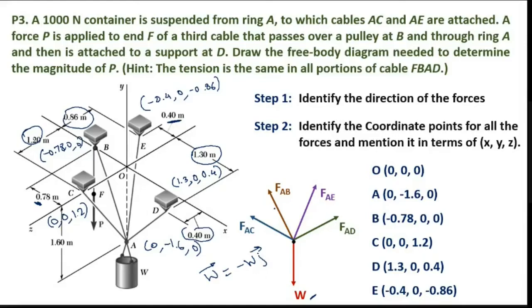The remaining 4 forces are inclined forces, which means I have to resolve them. The procedure is position vector, modulus of position vector, unit vector, then force vector, so that it is resolved in terms of i, j, and k.